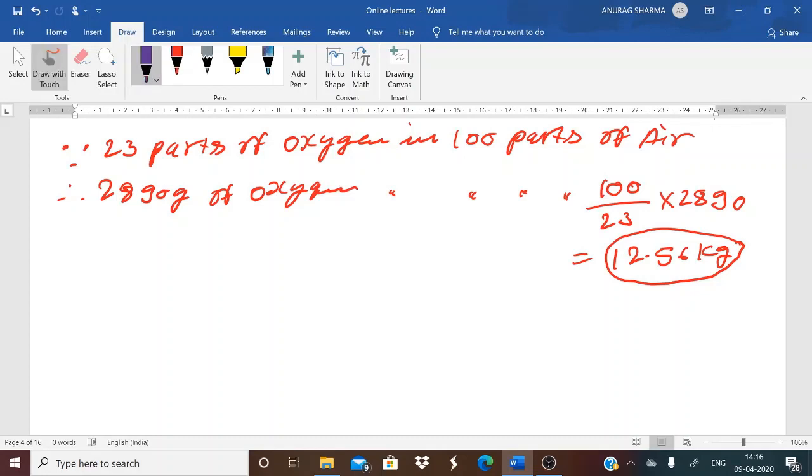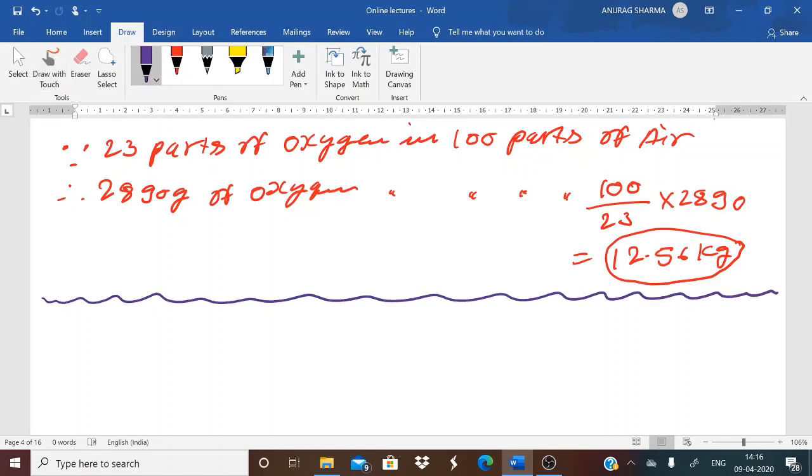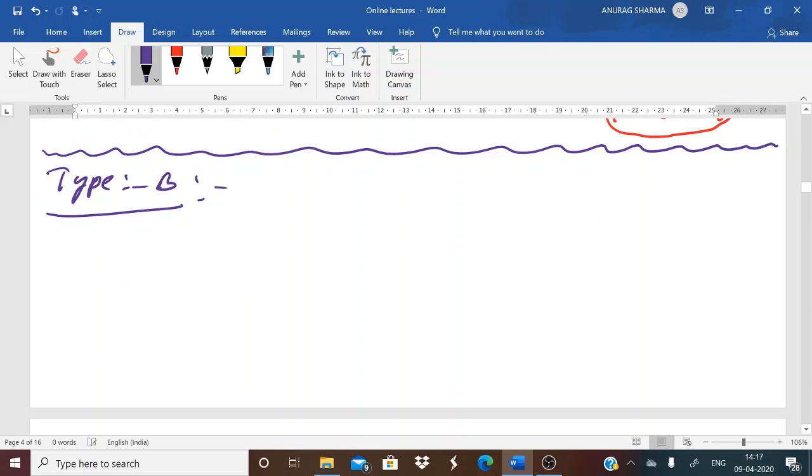Now type B. In case of type B, volume by volume. So we will take one example.